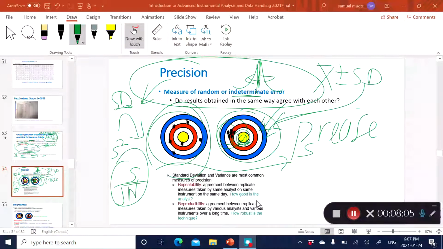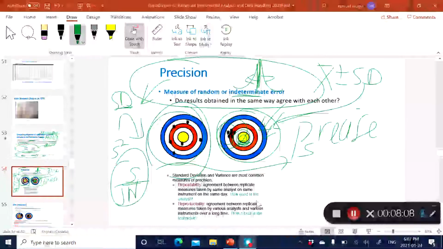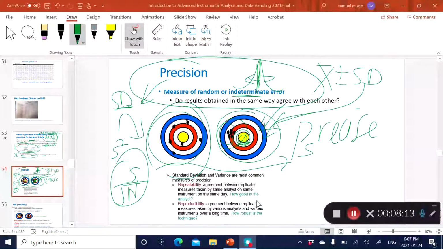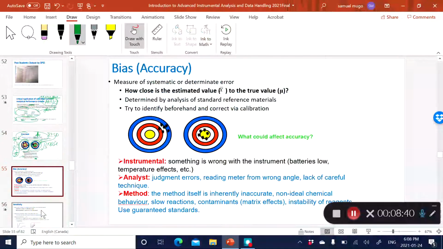So, for example, for some of you making census, to assess how reproducible it is, you possibly need to make 3 different types of census, and then you analyze your sample on those census on different days, and that is what you refer to as robustness or reproducibility, which is still a measure of precision. And I hope that's clear, the difference between repeatability and reproducibility, which are aspects of precision.